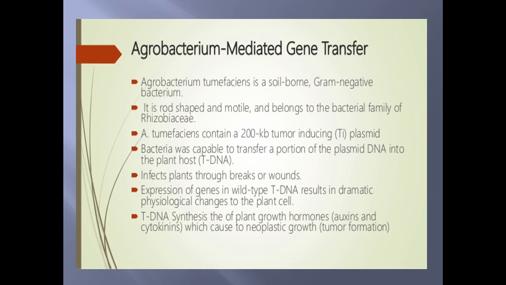Phytopathogen means it is a plant pathogen which mainly causes the crown gall disease, or tumor, in plants. And this Agrobacterium is disarmed, that is, some changes have been made in this Agrobacterium so that it can be used in order to deliver our gene into the plant.